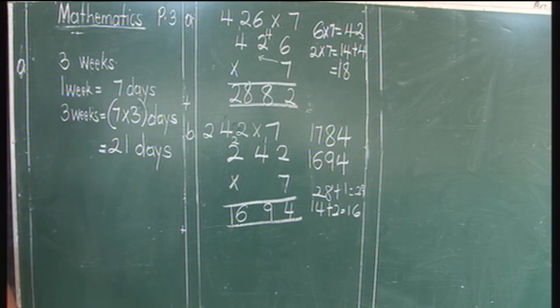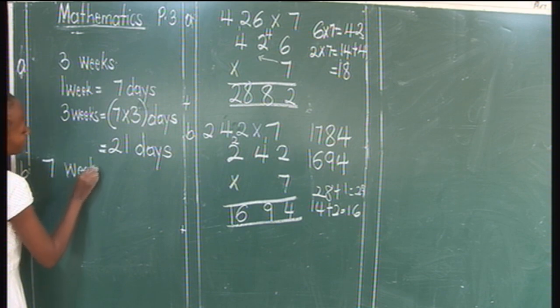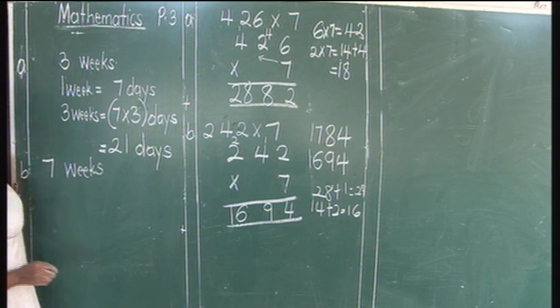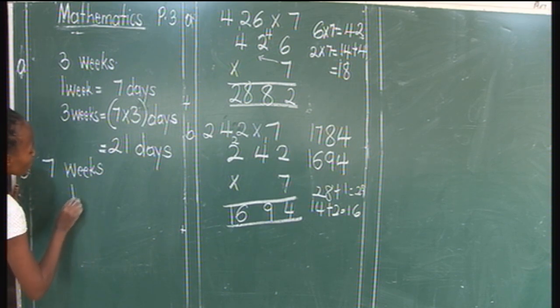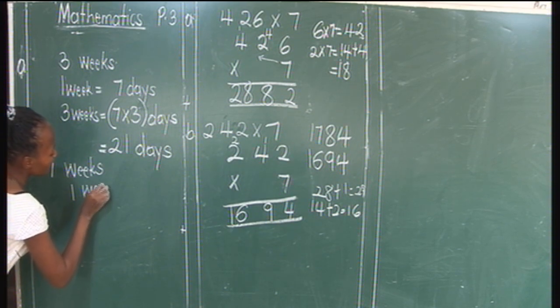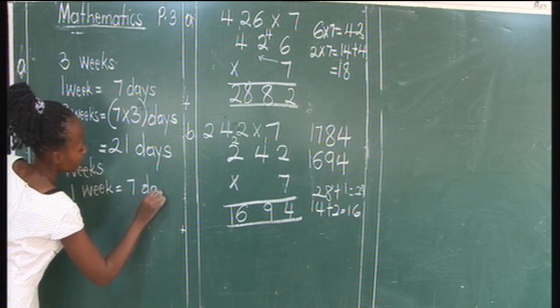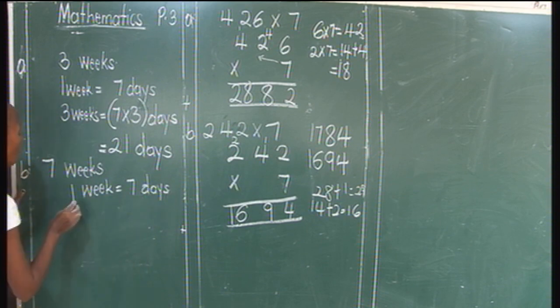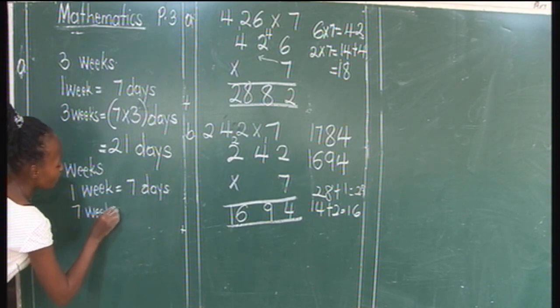Okay, let's look at also part B. Part B, we have 7 weeks. They want us to change 7 weeks into days. And our first step, we said 1 week is equal to 7 days. What about the 7 weeks?